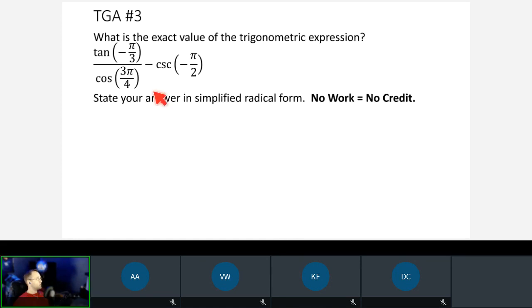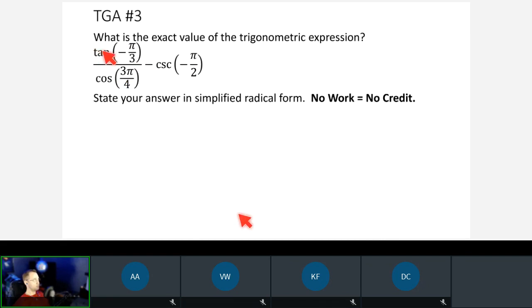All right, number 3. We did this yesterday. So I give you this fraction here of trig functions, and then I need you to do the math and give your answer in simplified radical form. Just like yesterday, I want to see work for all of these individually.